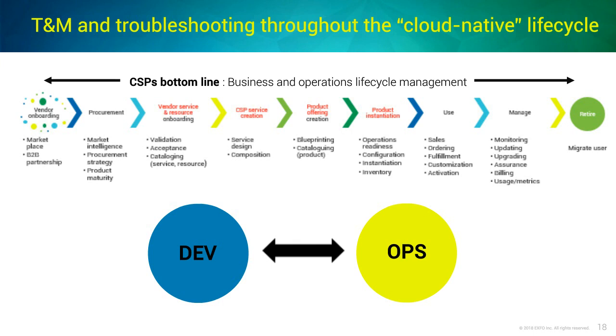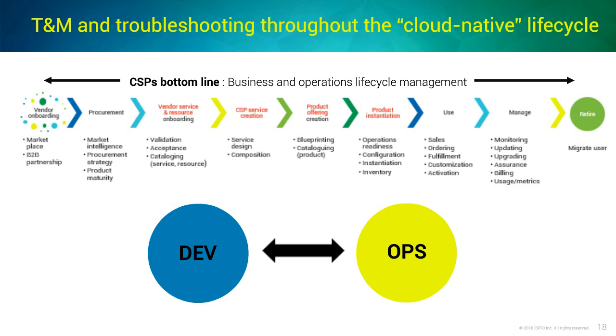I will cover the second part of the DevOps operation, which basically, after you do the onboarding and you design your service and you validate it and test it, you have it now available for the customer, or for whoever wants to instantiate this service and start to actually use it.